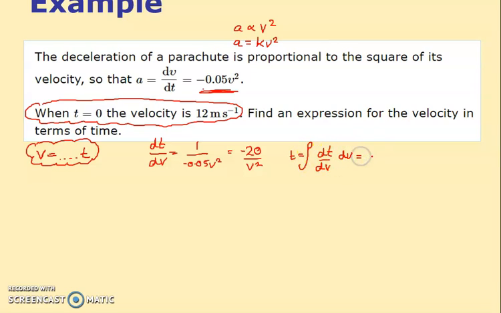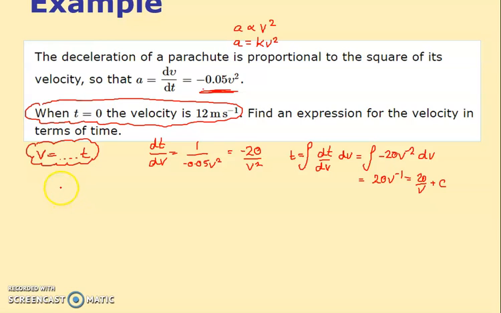And that equals the integral. What was dt by dv? It was minus 20 v to the minus 2, dv. And I have to add a power, which is minus 1, and divide by the power. So that becomes 20 v to the minus 1, which another way of writing is 20 over v. But technically plus a constant.